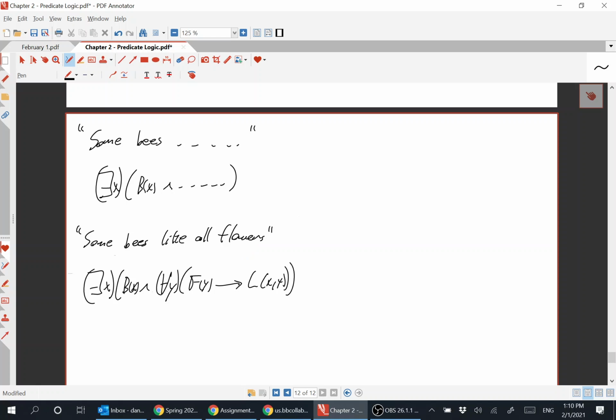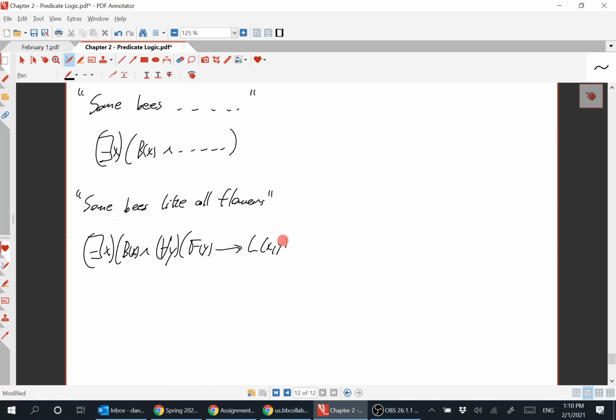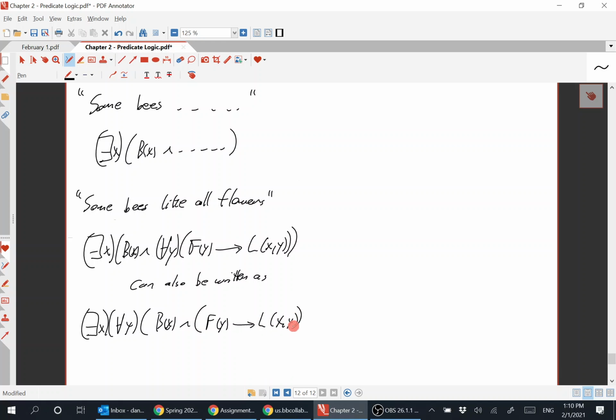Some bees like all flowers can be written like this, or if you want, it can also be written as there exists X, for all Y, B of X, and F of Y implies L X Y. So you can have the quantifier here, or it can be here.